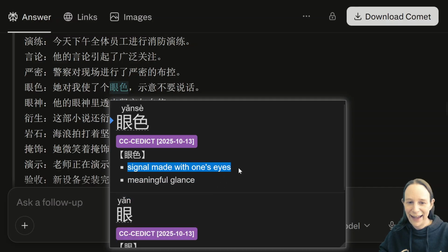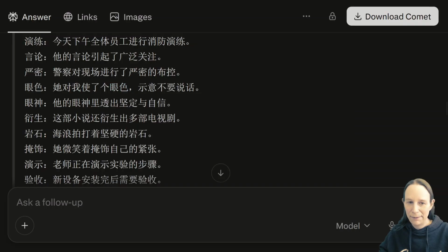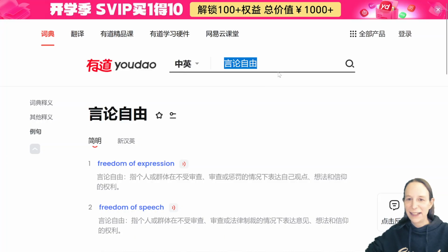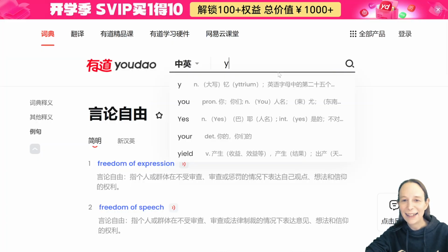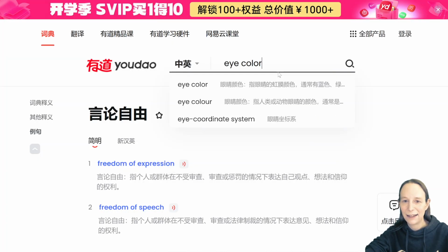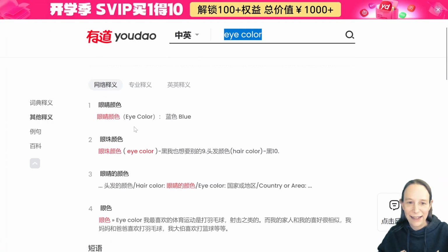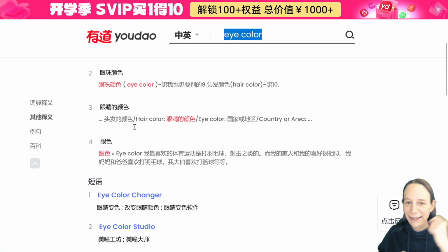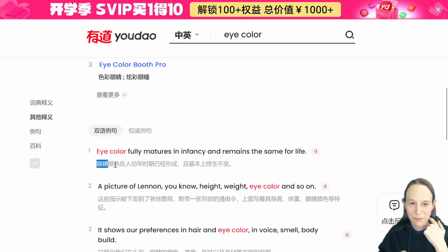Oh, yeah, okay, meaningful glance. Yeah, what's eye color? I'm not sure. What is the Chinese? Is it 眼睛颜色? Maybe eye color. 眼睛颜色. Yeah, 眼睛颜色 is eye color.